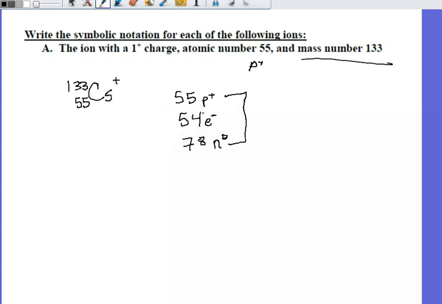So when I was scrolling through my periodic table a second ago, I almost went ahead to the next part. These 54 electrons make it what we call isoelectronic with xenon.